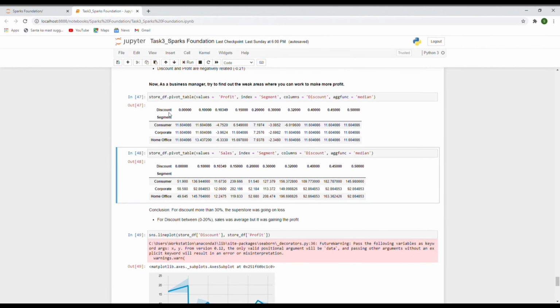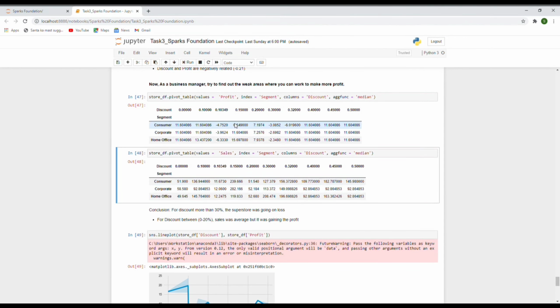So I have used a pivot table in order to find out at what discount we would get the highest profit in terms of segment, and similarly at what discount we could get the highest sales in terms of segment.